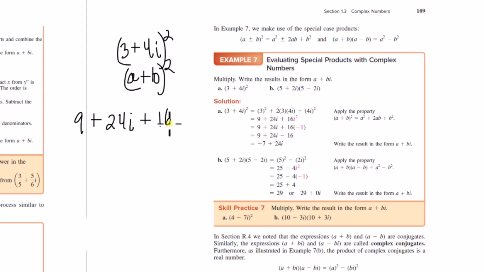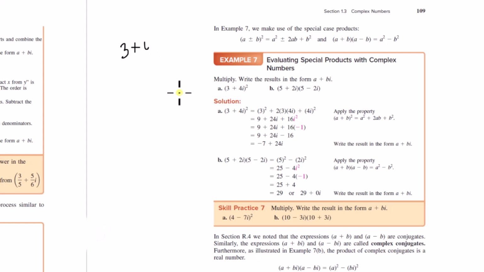That's 16i squared. Okay, 9 plus 24i, but we can continue to simplify in this case because i squared is negative 1. 9 minus 16 is minus 7. And there we go.